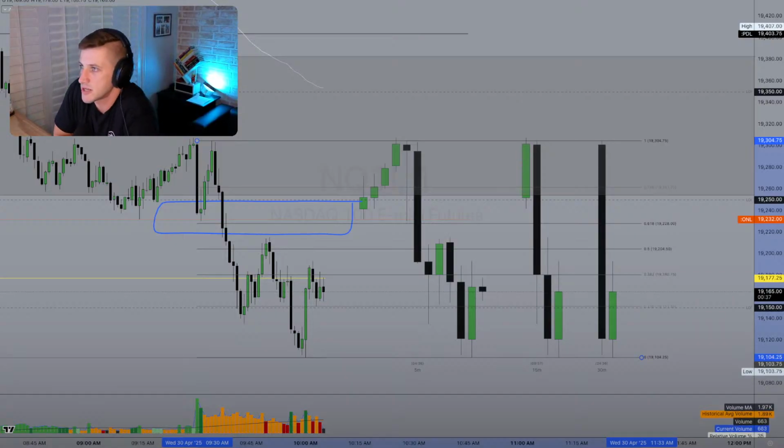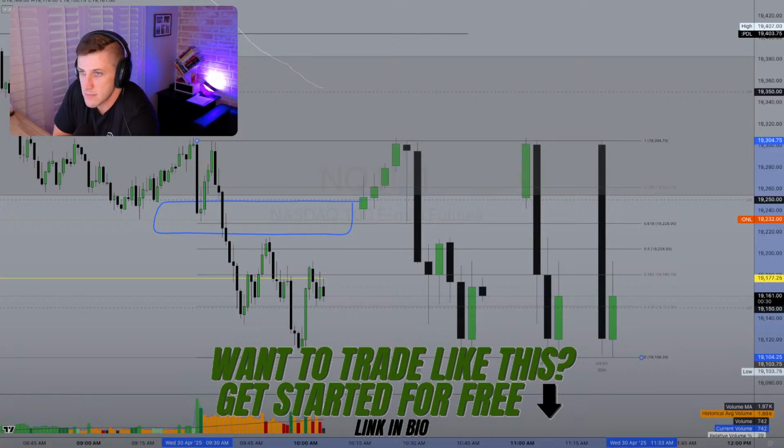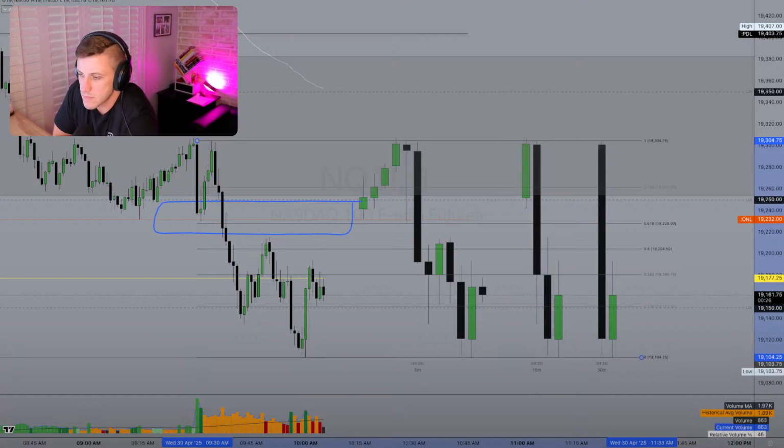There's your session volume point of control shifting lower right here into 177. Volume's tapering down a bit.